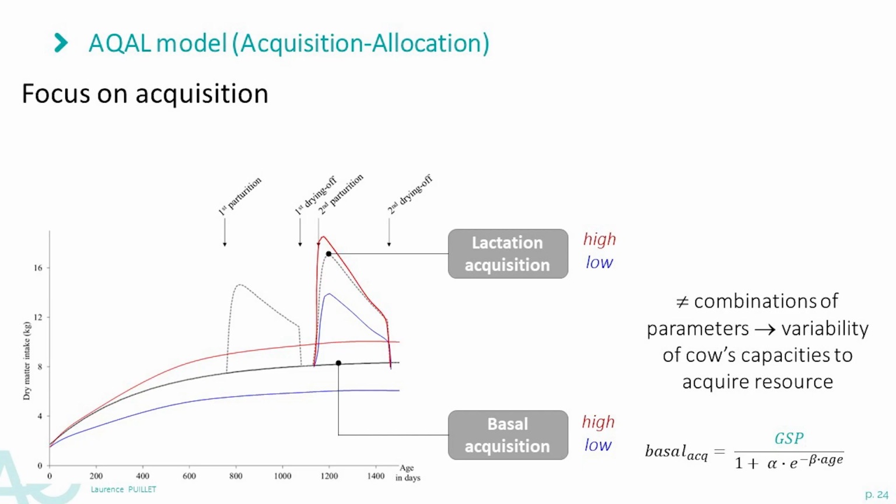So just to illustrate the type of equation for basal acquisition, what we consider as the GSP, genetic scaling parameter, it's this parameter in the equation. So changing this value enables you to change the level the animal is able to eat. And there is another GSP for this lactation acquisition, so if you combine the different values, you are able to simulate very different cows regarding dry matter intake.